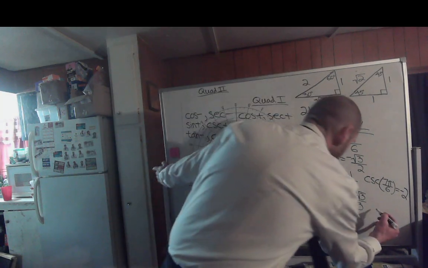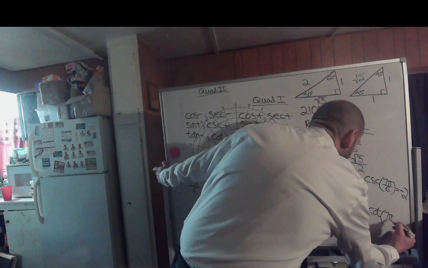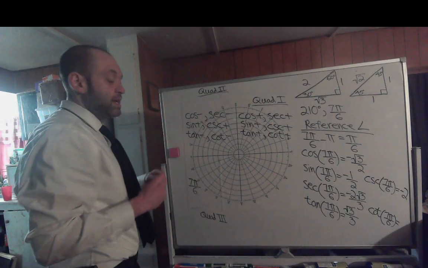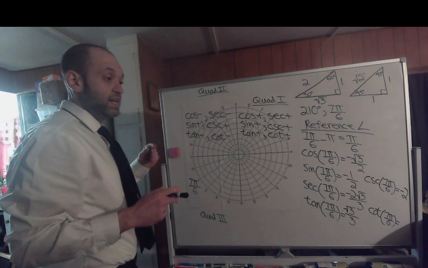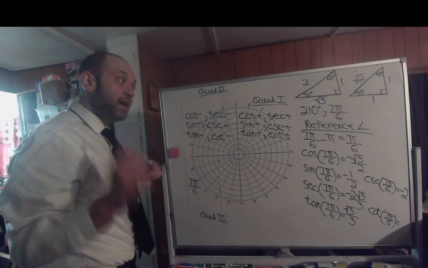Now what about the cotangent? Okay, well, cotangent is what? That's going to be cosine over sine. Since those are both negative, a negative divided by a negative is a positive.